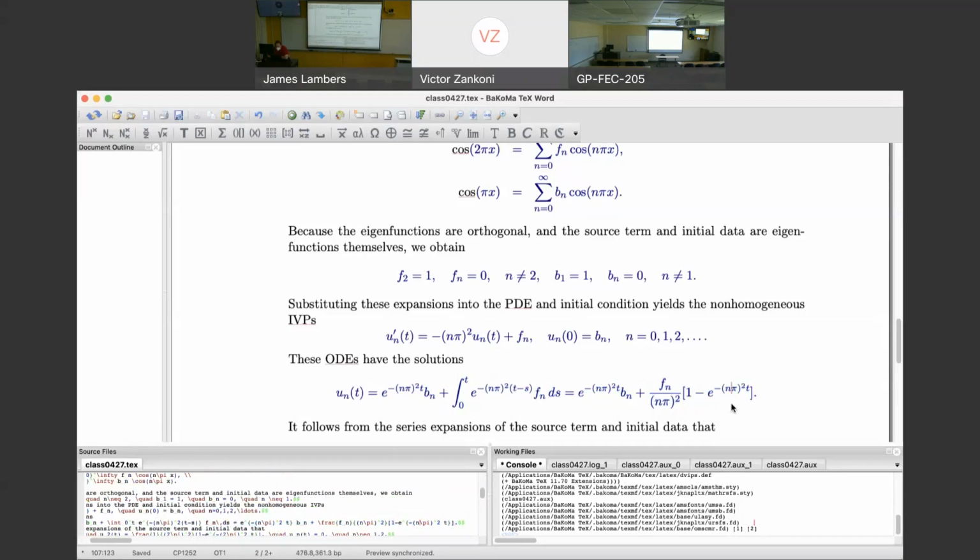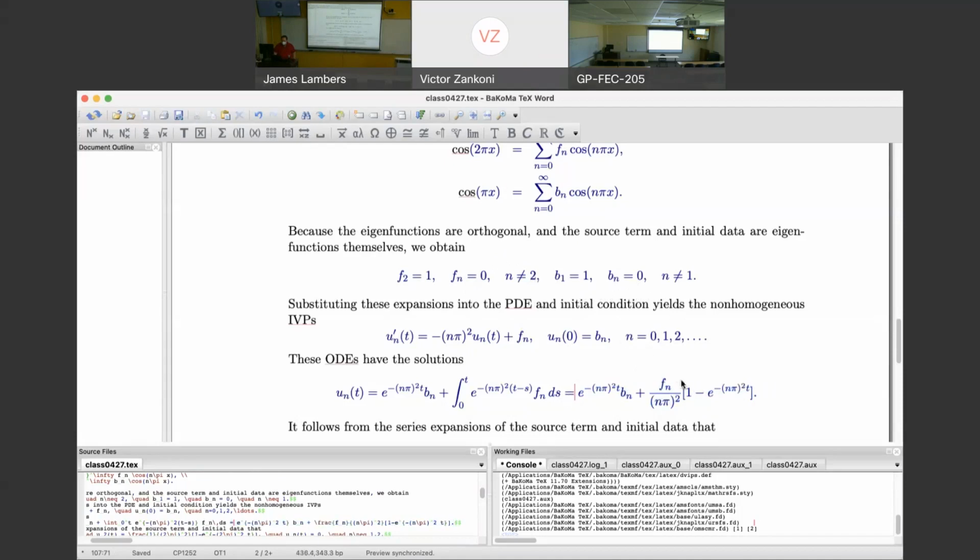If the problem you're working on has this same form where you know these eigenfunction expansions, and if the source term does not depend on time, you can jump directly to this for each n. You just need to know what the Bn and Fn are. Now, for this problem, if n is not equal to 1 or 2, then both Fn and Bn are 0, so this will become 0.